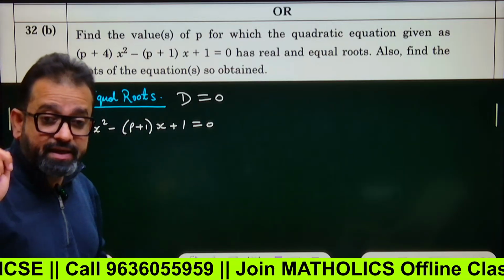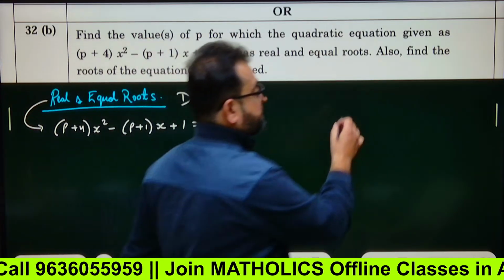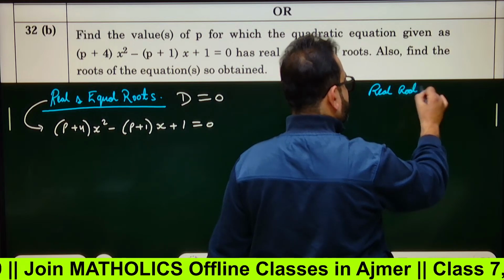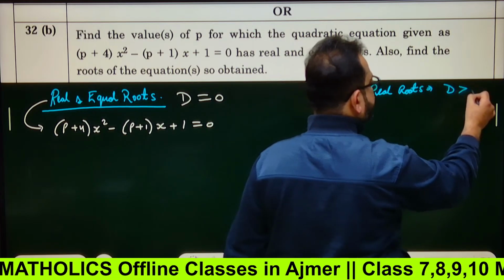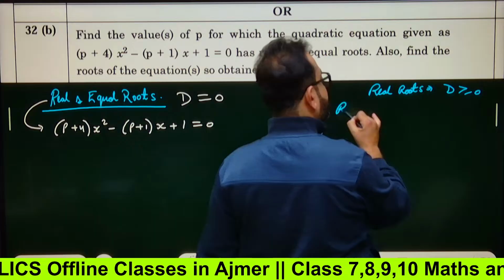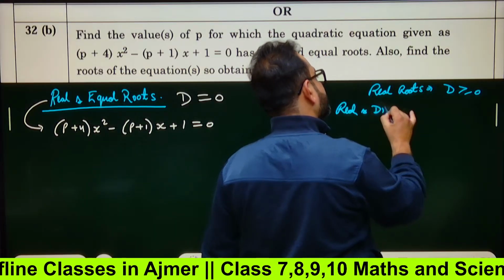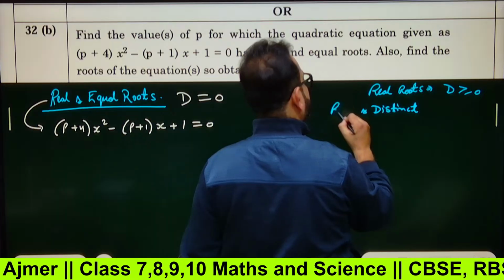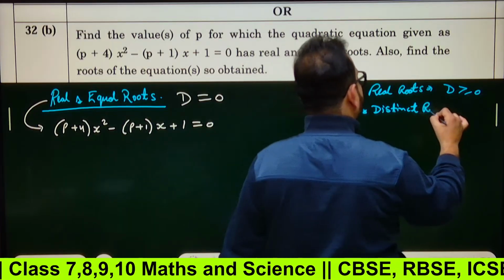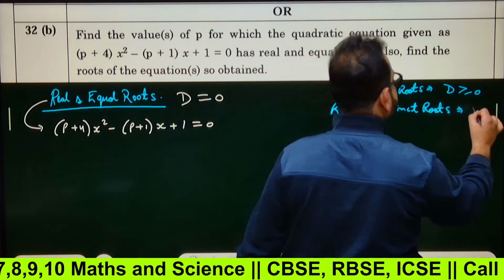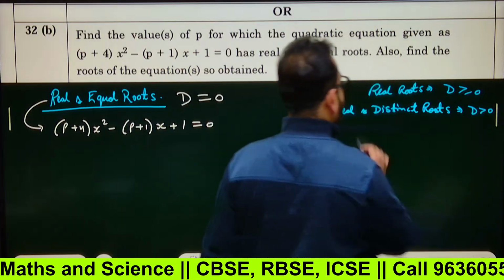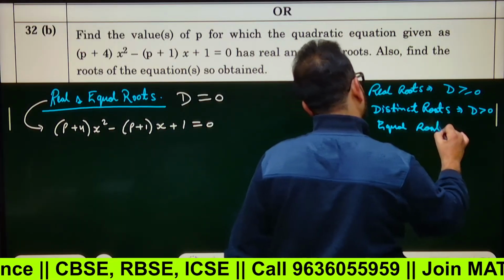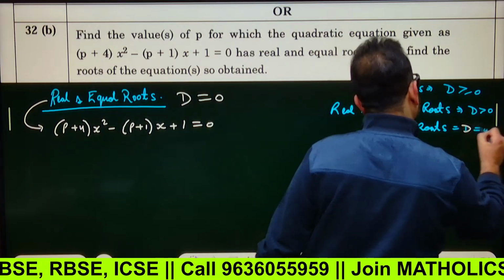If it is given only real roots, that means D is greater than or equal to 0. If it is given real and distinct roots, it implies D greater than 0. If it is given simply equal roots, then write D equals to 0.